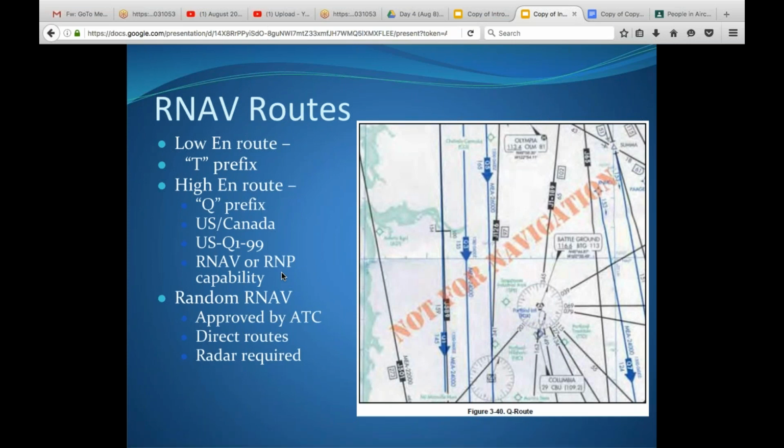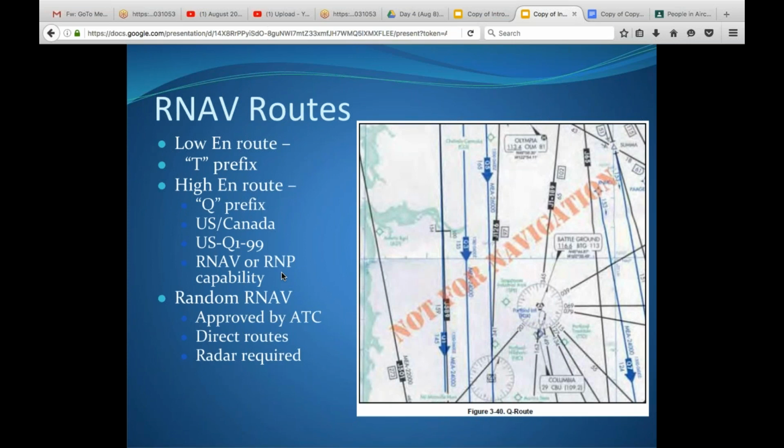Whereas satellites are going to give us our Q routes and our T route navigation. So Q route equals jet route, and T route equals Victor Airway. They're synonymous, the exact same thing. The only difference is what's providing the navigational information to the aircraft. Is it ground-based navigation, or is it satellite-based navigation?